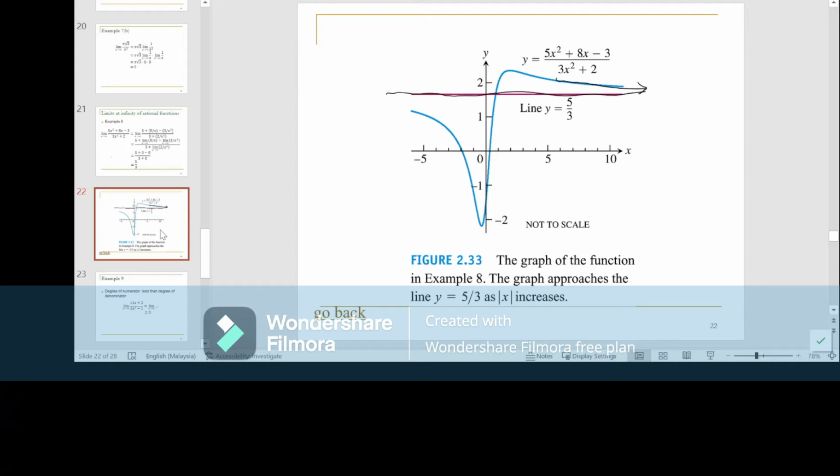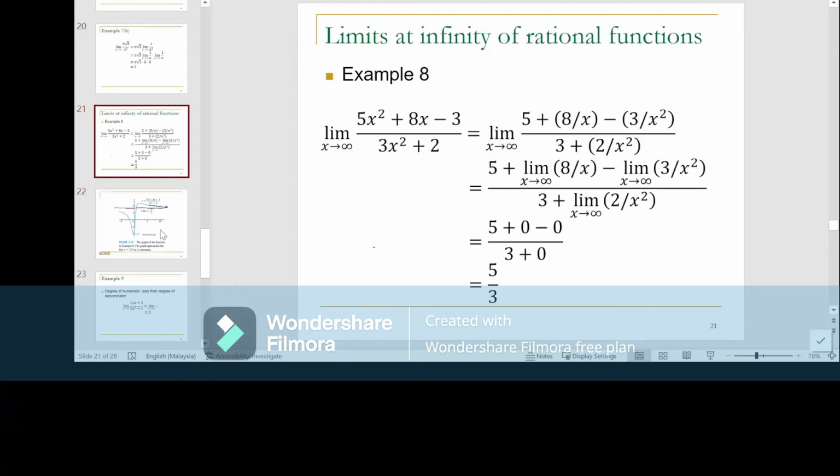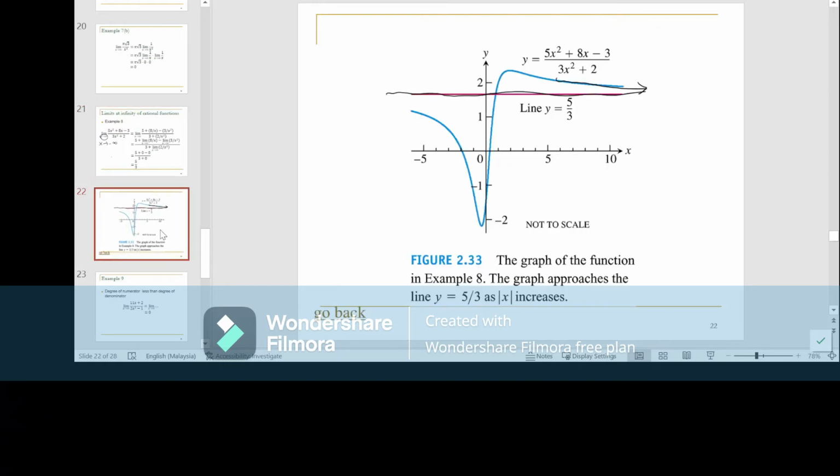The same argument could also be applied to the limit if x is tending in the opposite direction, to minus infinity. In this case, you will find that the function will tend towards the asymptote of y equals 5 over 3 as x is tending towards minus infinity.